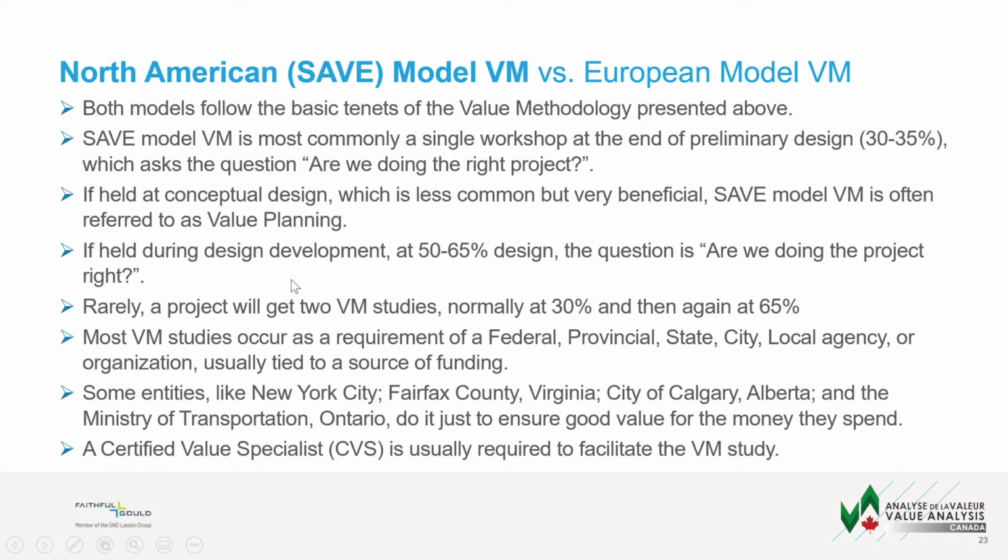If held at a conceptual design level, which is less common but very beneficial, we often call that value planning. If held during design development, for example, the 50 to 65% design, the question really becomes, are we doing the project right? So you pretty much have already defined what the project is. Now you're just making sure you're doing it correctly.